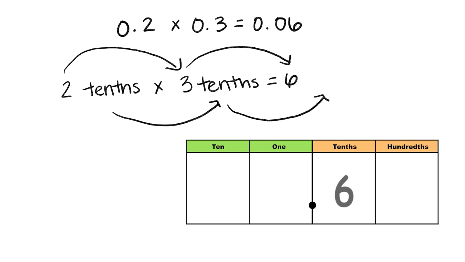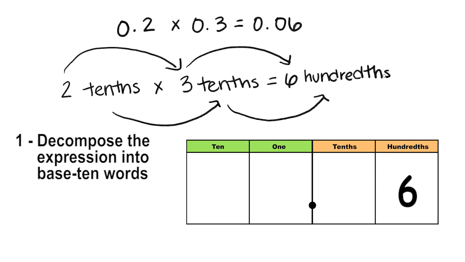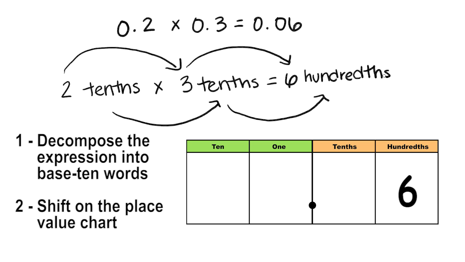Put the 6 in the tenths place of the place value chart, then move it 1 spot to the right. The 6 is in the hundredths place. 2 tenths times 3 tenths equals 6 hundredths. The steps to evaluate an expression or equation with decimals are first, decompose the factors into base 10 words, and second, shift on the place value chart.